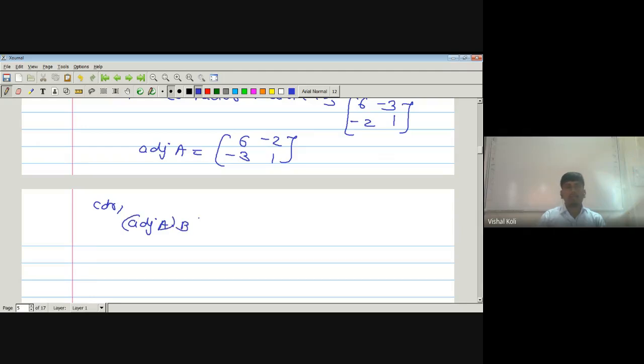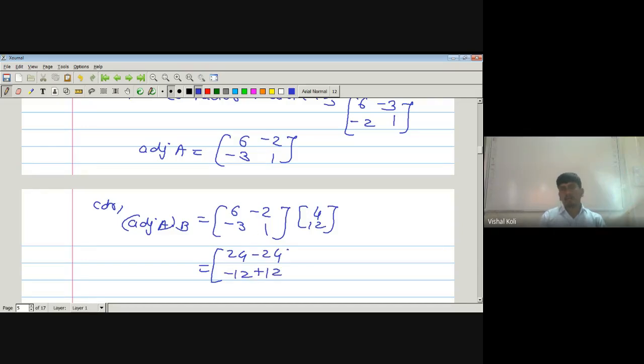which is equal to 6 minus 2 minus 3 1, and B is 4 12, which is equal to 6 into 4 is 24, minus 2 into 12 is minus 24, minus 3 into 4 is minus 12, plus 12, which is equal to 24 minus 24 is 0, minus 12 plus 12 is 0.